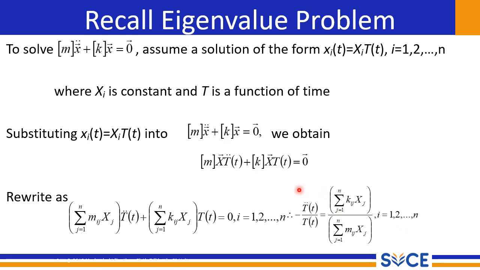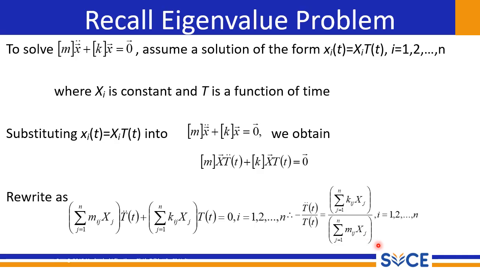Notice that the left hand side of this equation is a function of time only, while the right hand side is a ratio of constants. Since mass M of ij, K of ij, and X j are all constants, for this equality to hold for all time t and for all i varying from 1 to n, both sides must be equal to the same constant value.